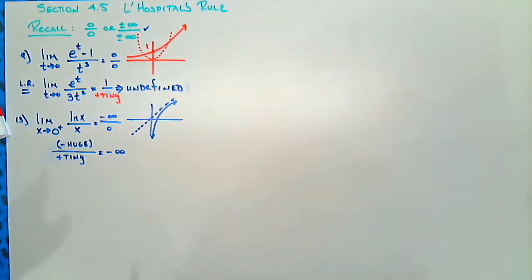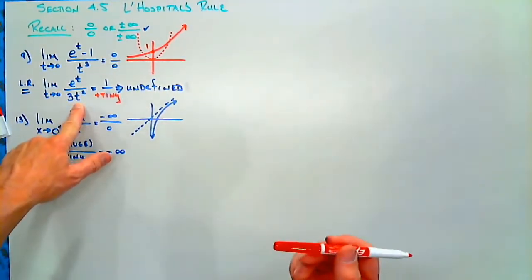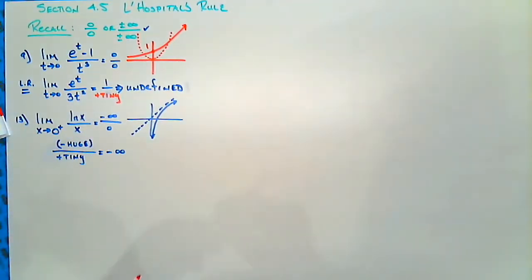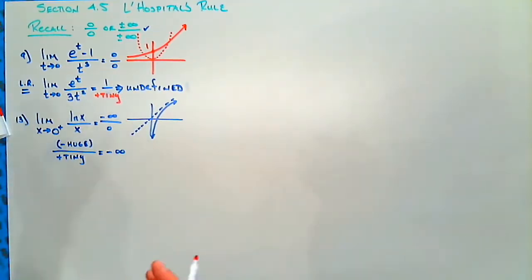As t gets smaller and smaller, if t is 1/10, I square it, I get 1/100th. That's 3 1/100ths, a very small number. And of course, 1/10 is nowhere near 0. If I'm really close to 0, then 1/10 is a huge number compared to numbers that are close to 0.